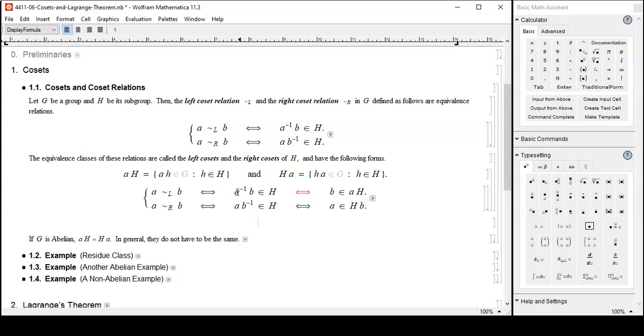So A is related to B, of course, okay, it's a little bit hard to rewrite. That's equivalent to that.